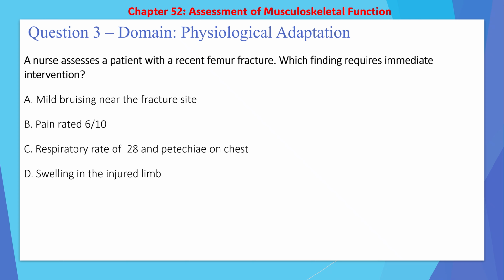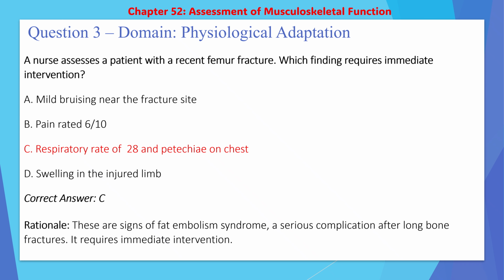B. Pain rated 6 out of 10. C. Respiratory rate 28 and petechiae on chest. D. Swelling in the injured limb. Correct answer is C. Respiratory rate of 28 and petechiae on the chest are signs of fat embolism syndrome, a serious complication after long bone fracture. It requires immediate intervention.